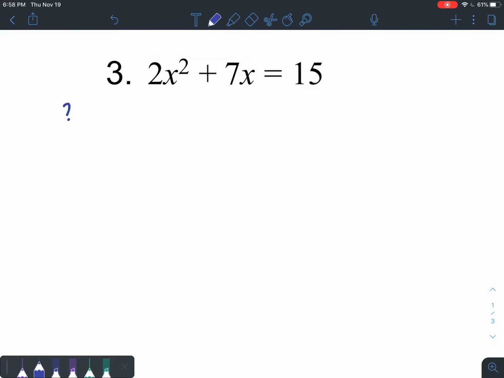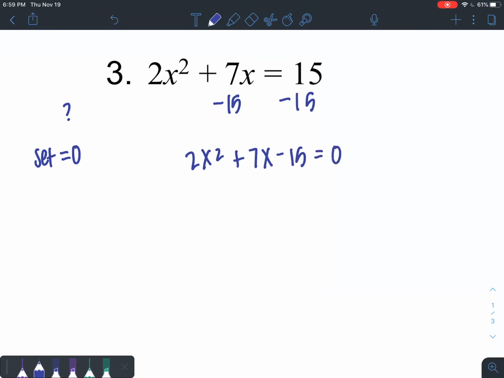All right, this one was a little tricky because you have to subtract 15 from both sides to set it equal to 0. So we get 2x squared plus 7x minus 15 equals 0. Then we have to factor it, but because of this 2 out front, that means we need to split the middle.